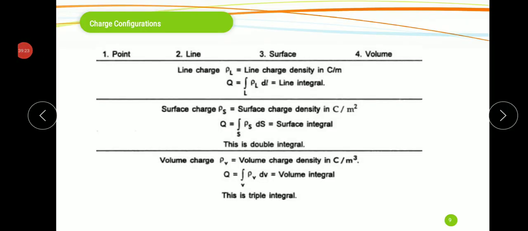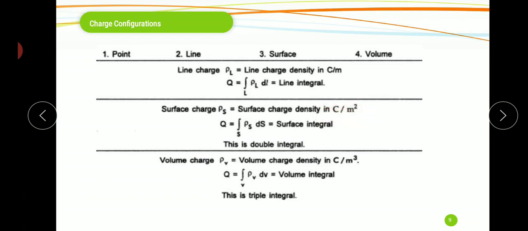In the case of line charge, rho L is line charge density. Its units are coulomb per meter. For line charge, Q is equal to integral rho L dl. Integral L means it is a line integral, so that is single integration. And in the case of surface charge, rho S is called surface charge density.